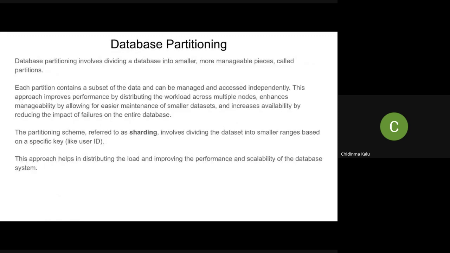Yes. So in the book, database partitioning came after Calvin and Spanner, but I figured since we would be looking into partitioned database systems, it's best we talk about database partitioning first.